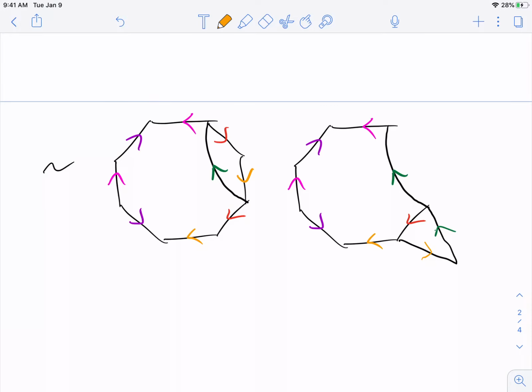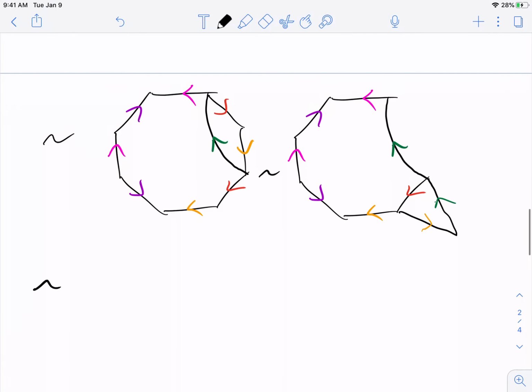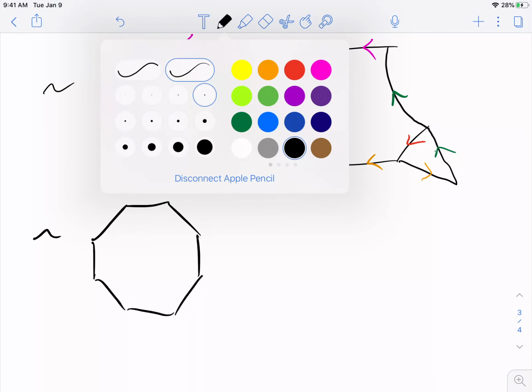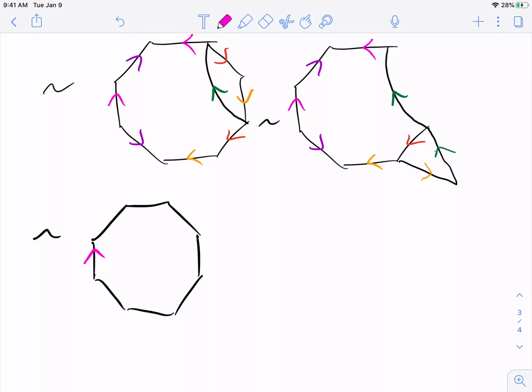Yeah, that looks right. And again, I always turn it back into a regular octagon by stretching. And this is my picture.